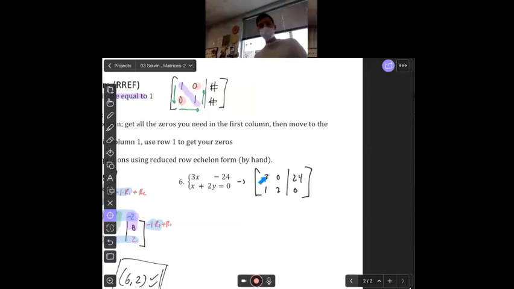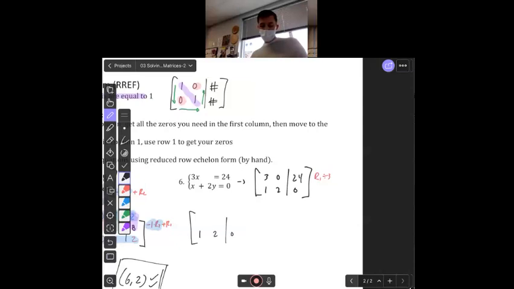Okay? So I'm going to turn that 3 into a 1 just by dividing by 3 because it's not going to change that 0. If that had not been a 0, division by 3 might not have worked. Okay? So I'm just taking row 1 and dividing it by 3, but I'm not changing row 2, so I'm going to bring that down first. 1, 2, 0, so I don't accidentally mess with it.